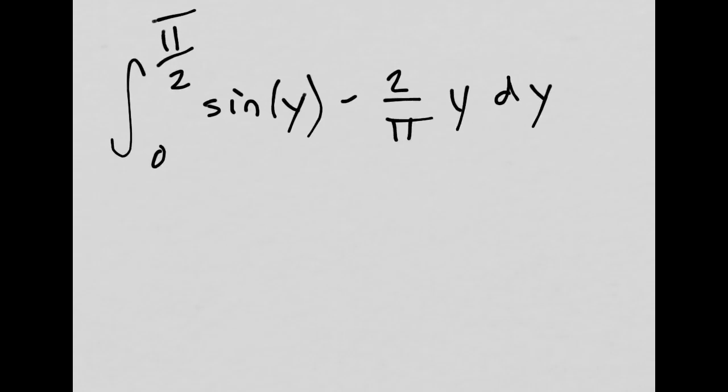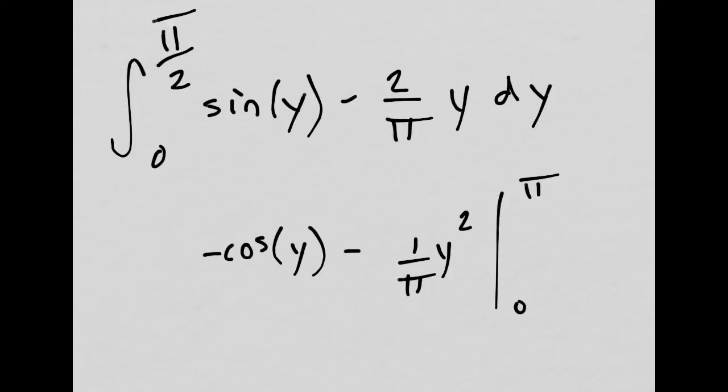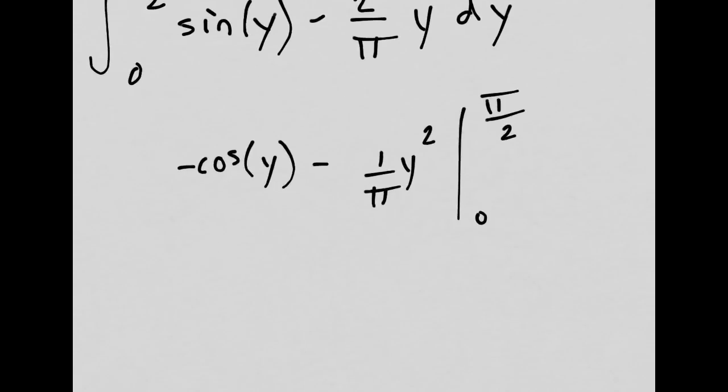So what's the antiderivative of sine of y? Negative cosine of y. And what would this be? 1 over pi y. Evaluated from 0 to pi over 2. Plugging in, cosine of pi over 2, what's that? 0.